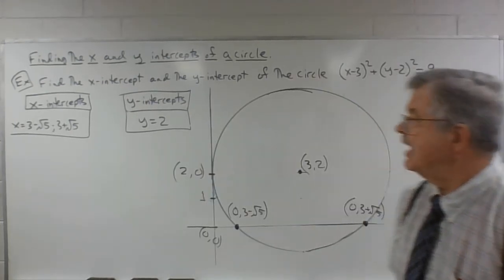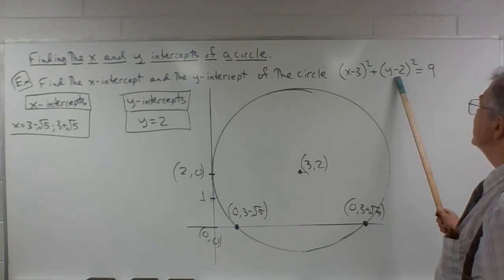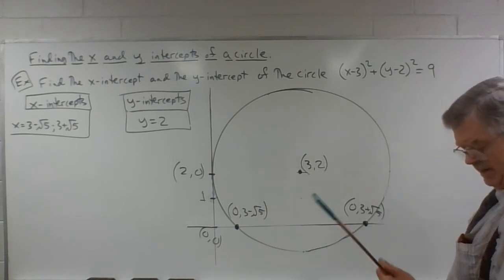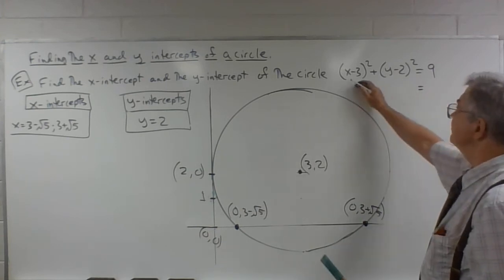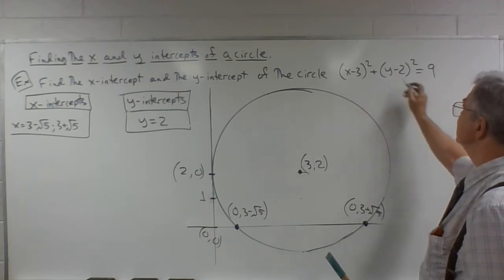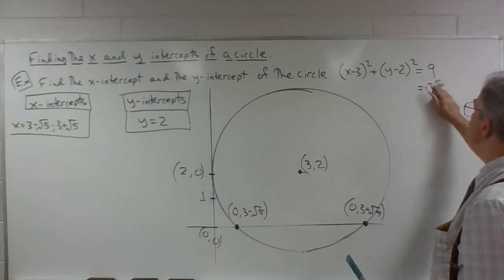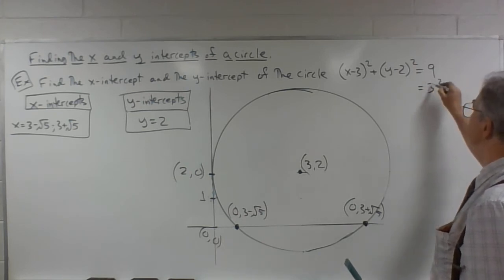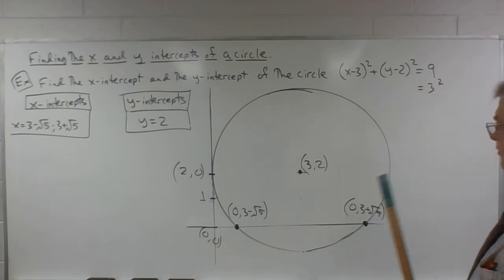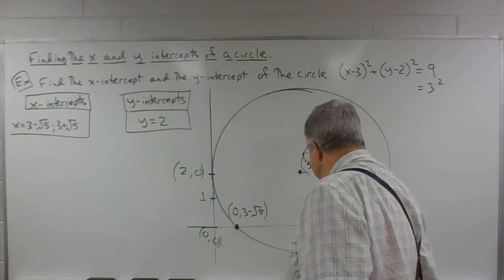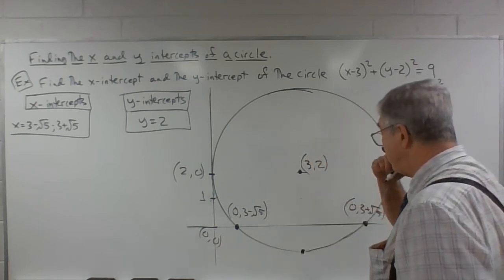Okay, here's the graph of our equation, (x minus 3) squared plus (y minus 2) squared equals 9, or (x minus 3) squared plus (y minus 2) squared equals 3 squared. And notice that we have a radius of 3.